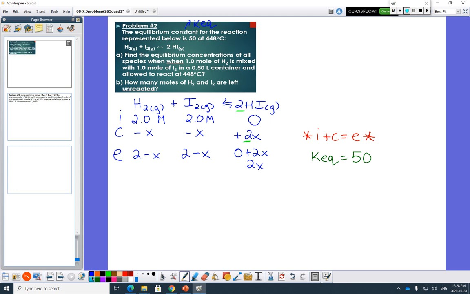We're going to use the equilibrium law, which you get marks for. So check: gas, gas, gas. All of them are included in the law. The coefficients become the exponents, products over reactants, the same principles that we talked about yesterday.